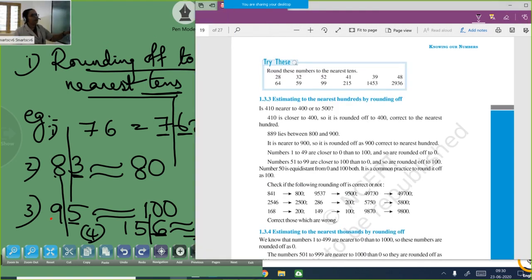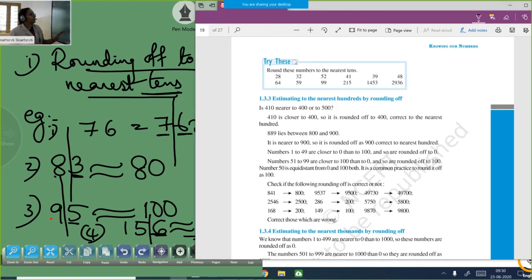Take out your page number 19. Try this. Some questions are there. Round these numbers to the nearest tens. That is on page number 19, at the top.